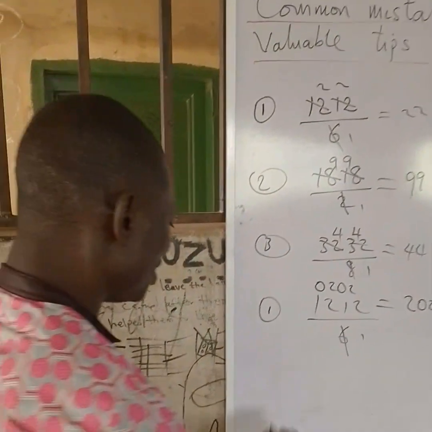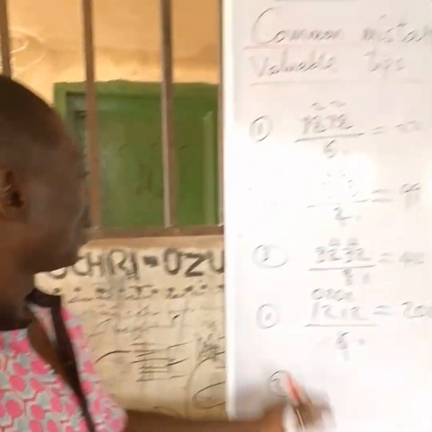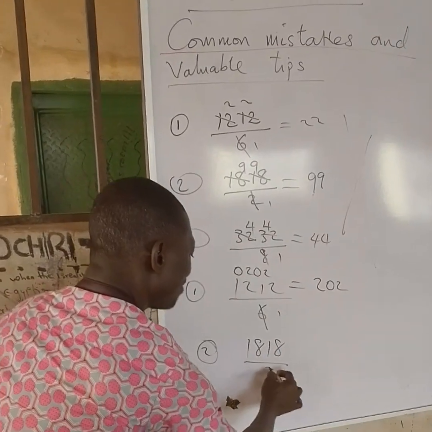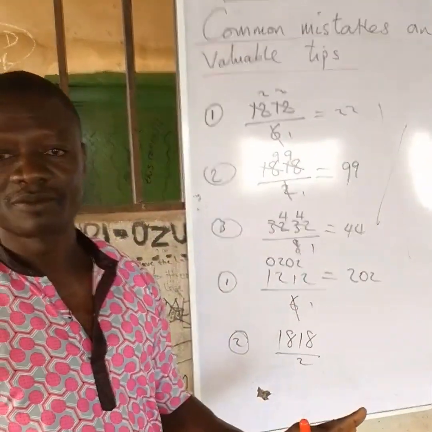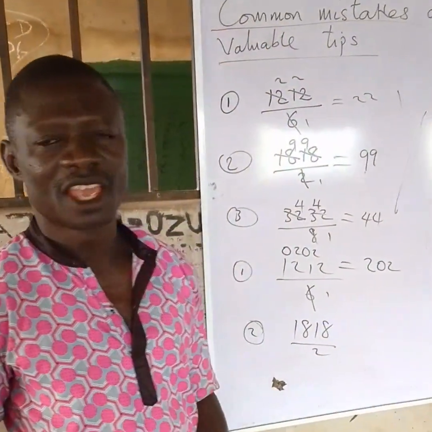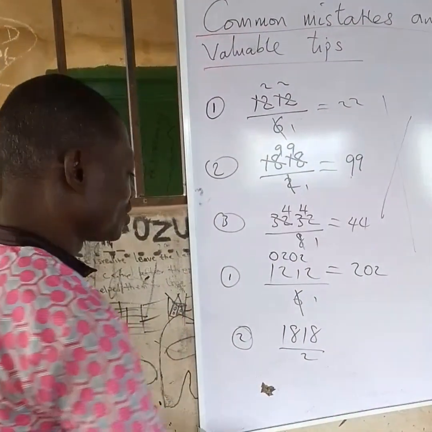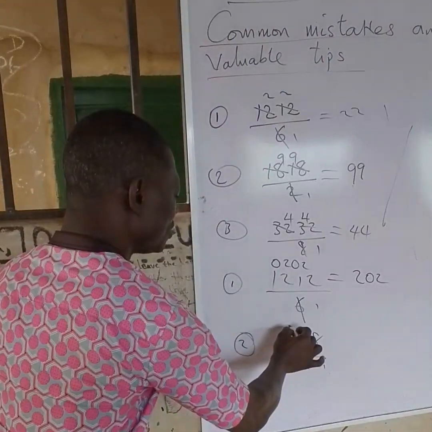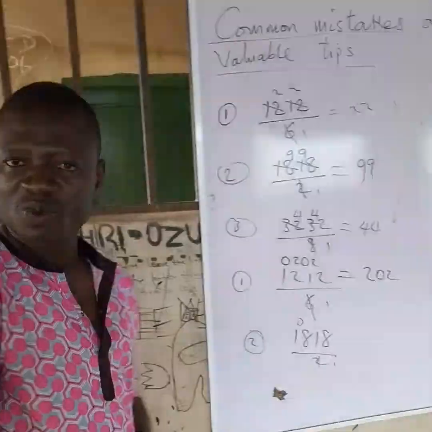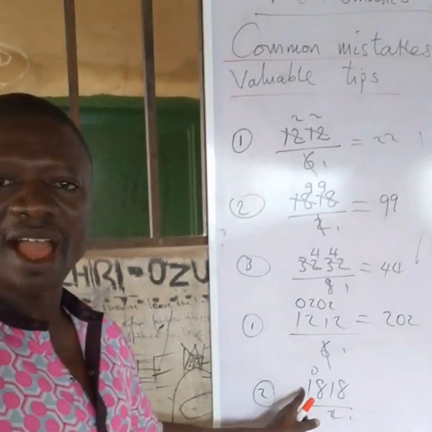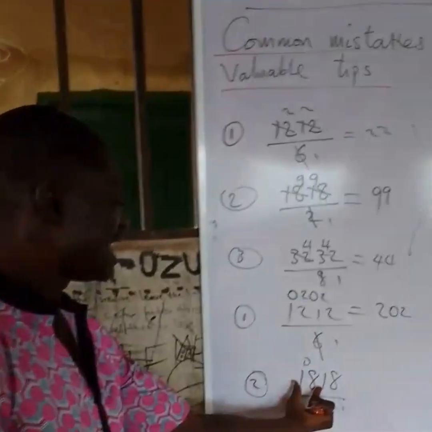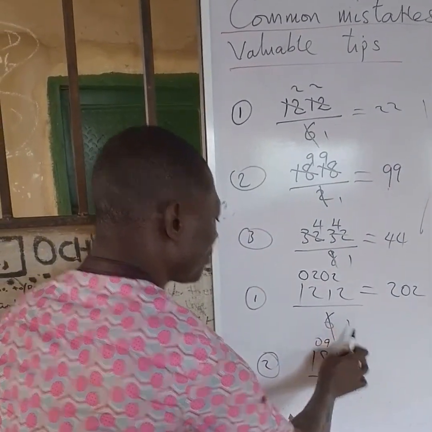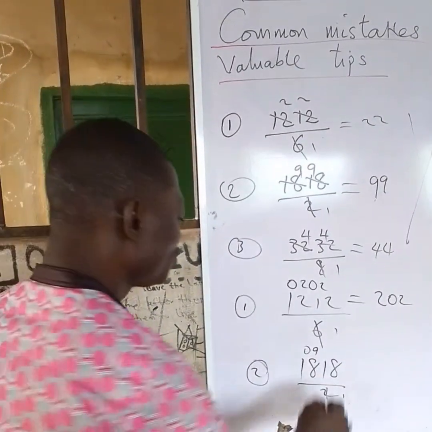In number 2, the same thing is applicable. We have 1,818 divided by 2. And so we will not jump any number. Even though we are dividing by 2, a very small number indeed, we say 2 divided into 1, that gives us 0, because it cannot get a whole number. We join the 8 here to have 2 divided into 18 to give us 9. 2 divided into 1 again, we produce the 0.